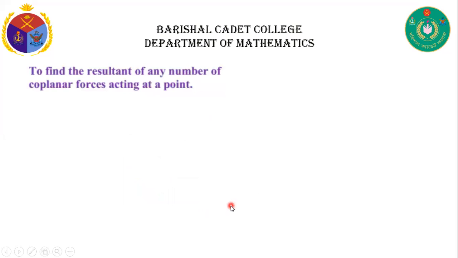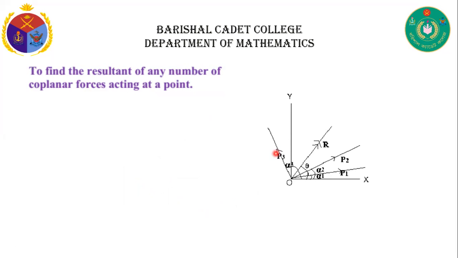Now, to find the resultant of any number of coplanar forces acting at a point. In the parallelogram law, we can use only two forces acting at a point, and for this formula, we use any number of coplanar forces acting at a point.